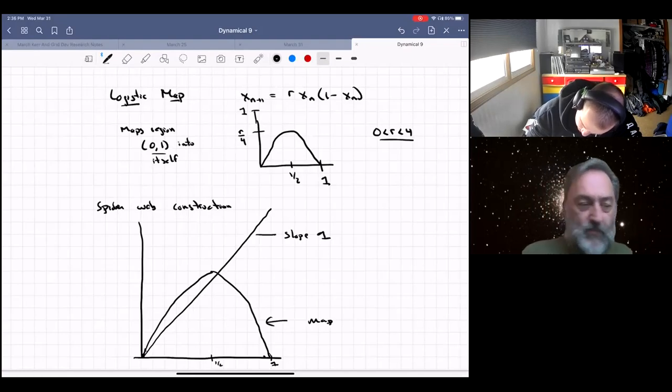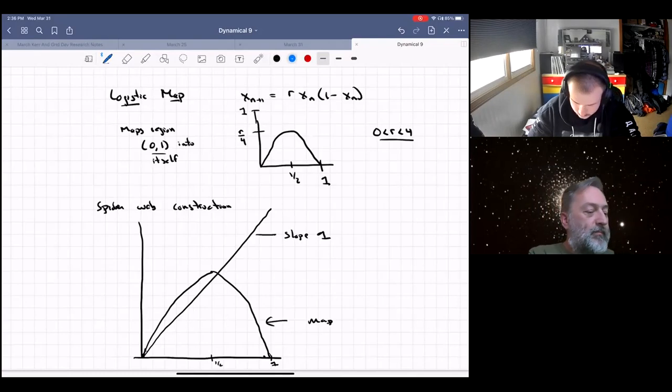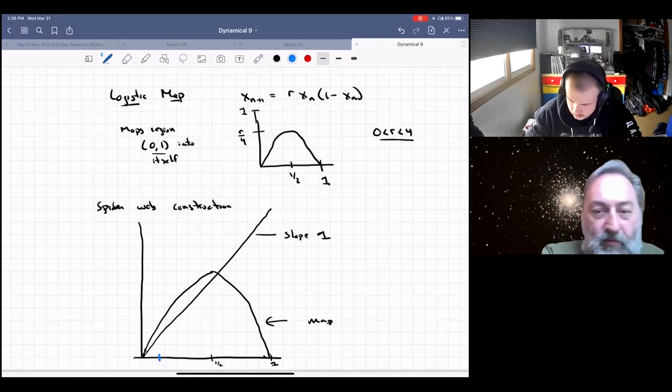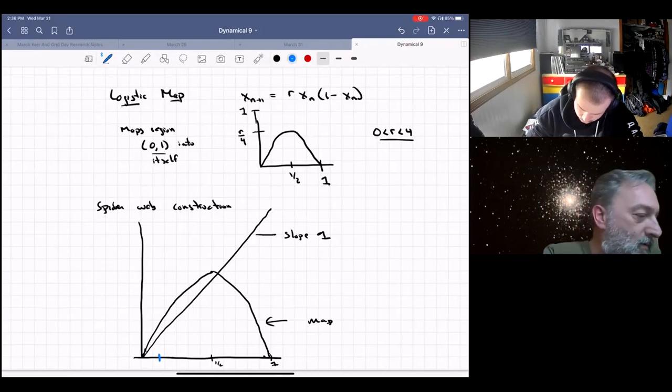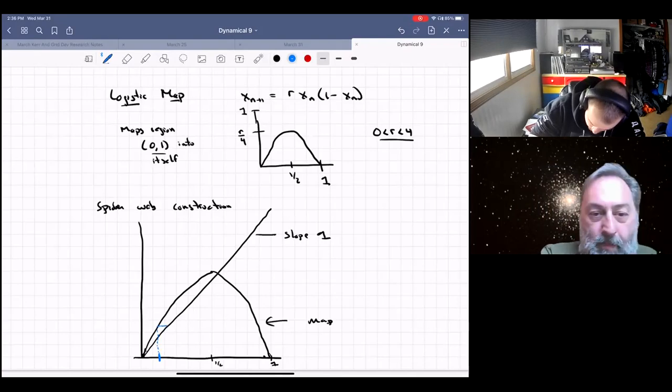Now, the way this works is you pick any point you want. I'm going to start with that point right there. You go up to the function and over to the curve.